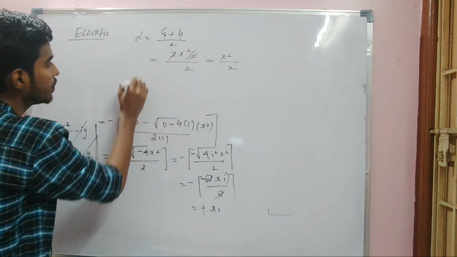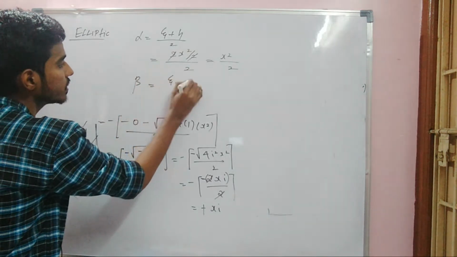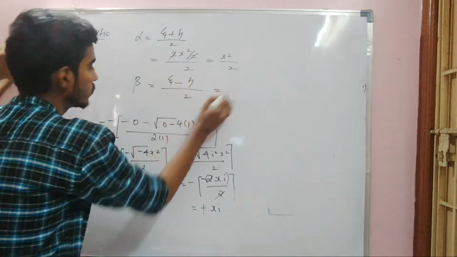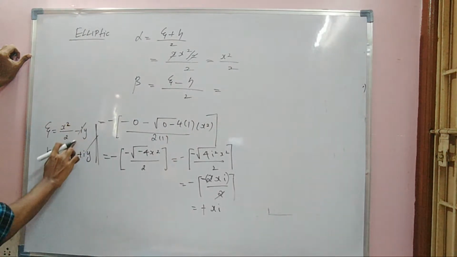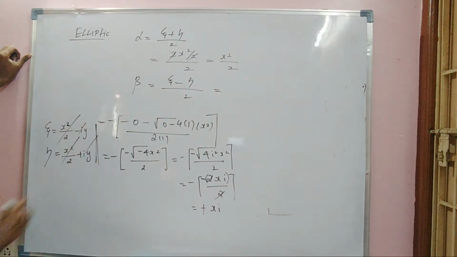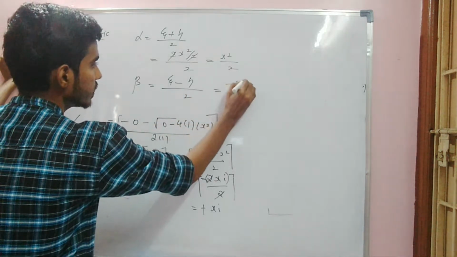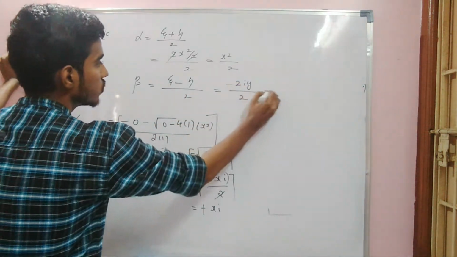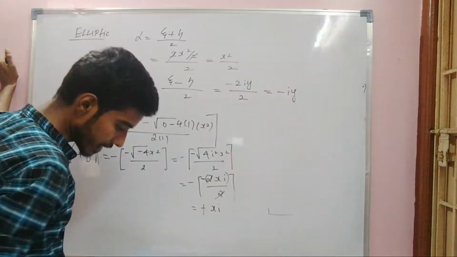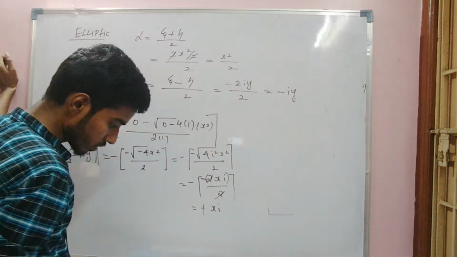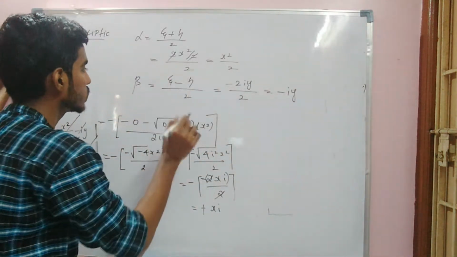Now what is our beta? Beta is theta minus eta by 2. So if I subtract this, here we have minus 2iy by 2. Sorry, just make one change.